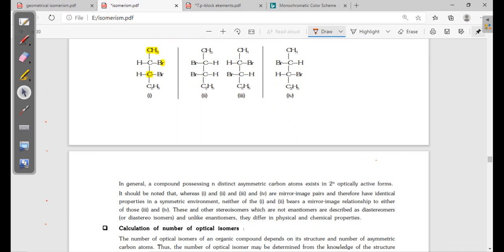So this structure we can write in these many types. Its mirror image is this one. Now mirror image, here trans type is written. This is threo, this is erythro, right? Its mirror image is this one, right? Mirror image.